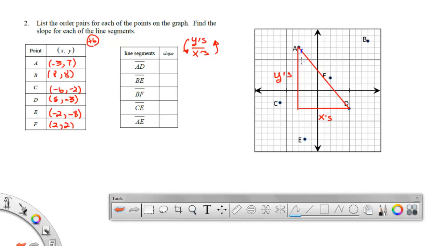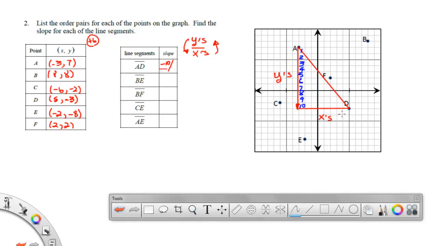So we got 1, 2, 3, 4, 5, 6, 7, 8, 9, 10. So that's a negative 10. Okay? So I'm going to put a negative 10. Some of you didn't pay attention to the sign. You just wrote 10. But you can see that it's going in the negative direction, right?